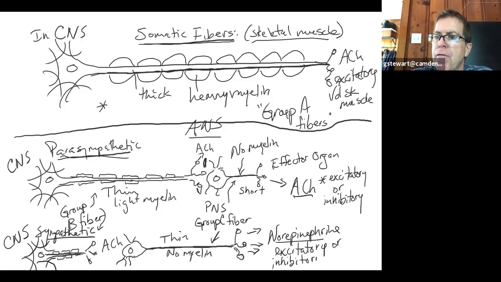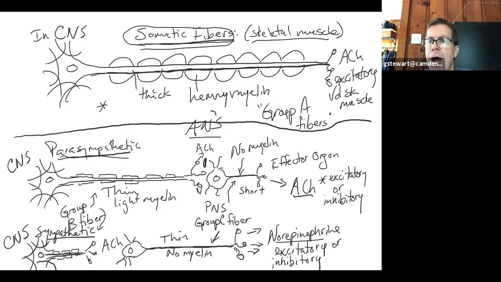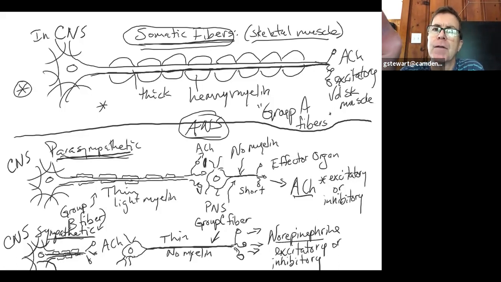So that's a quick review of the basic anatomical differences between somatic fibers, voluntary skeletal muscle, autonomic fibers, parasympathetic, and sympathetic. I know that's a lot of business, and it looks like a big mess when I step back and look at it, but hopefully it will help you make sense of delineating the similarities, like they originate in the central nervous system, but mostly differences.